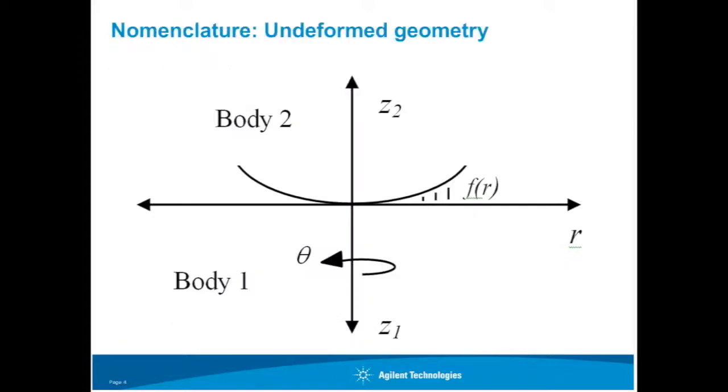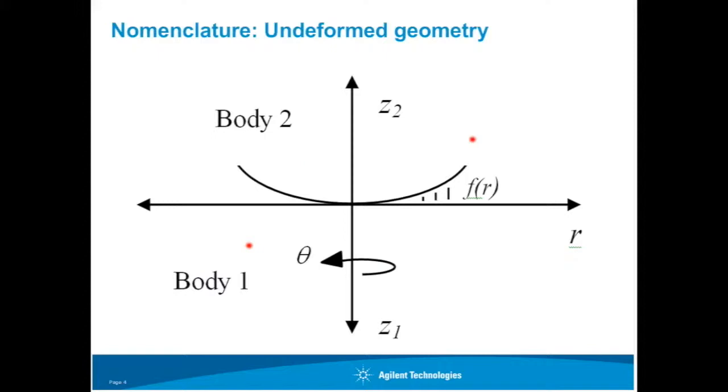All right. Here we have a schematic of two elastic bodies as they just come into contact. Body one here is a flat surface of semi-infinite extent, and body two here is a general axisymmetric body. Now, in the context of instrumented indentation, you can think of body one as the sample and body two as the indenter.